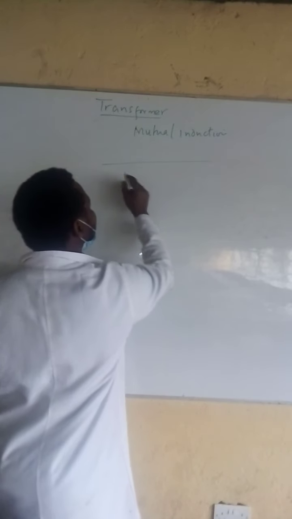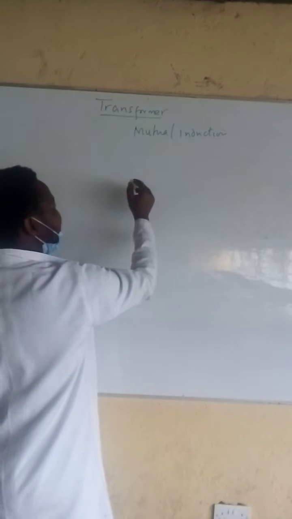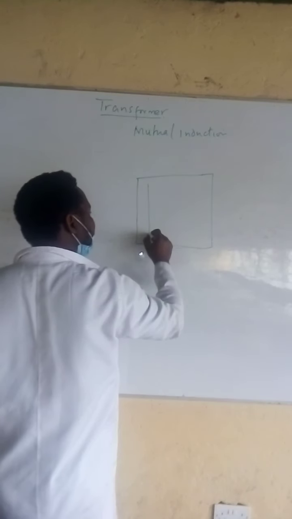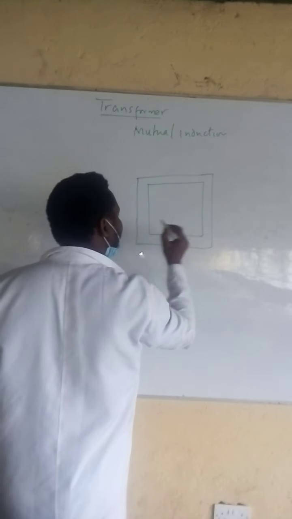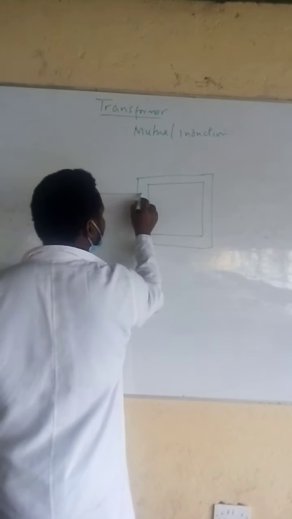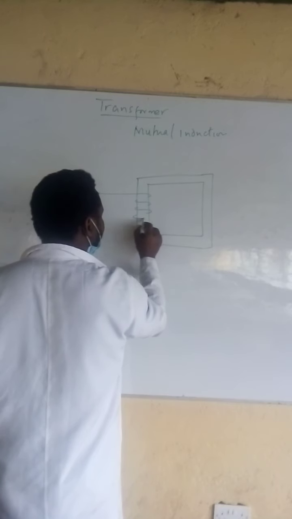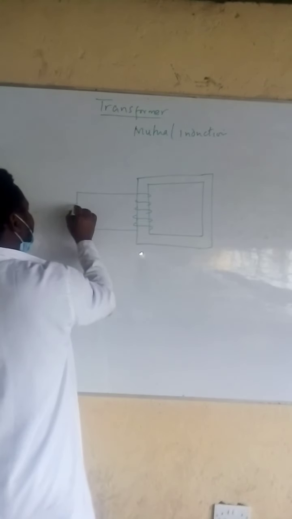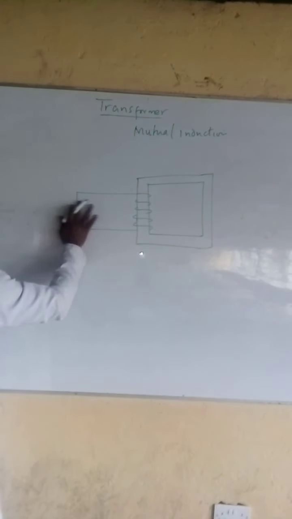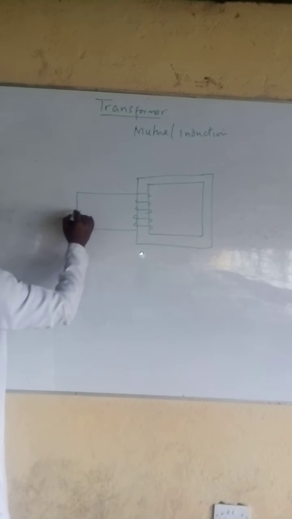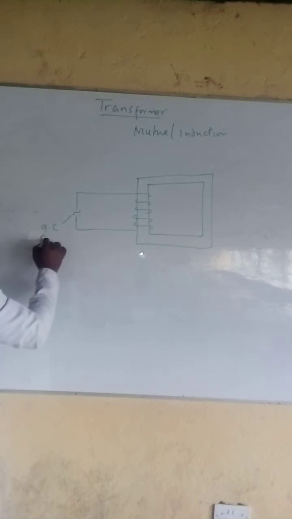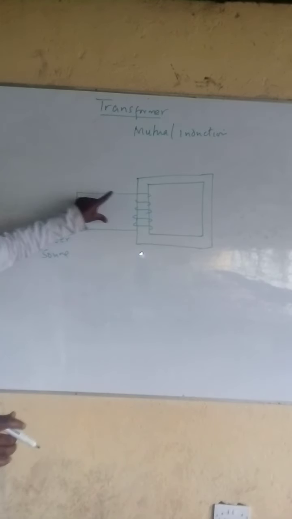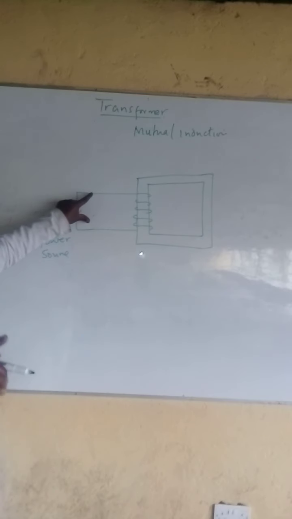A transformer is as shown below. This is an AC power source. So this circuit, the first coil, we call it primary coil.